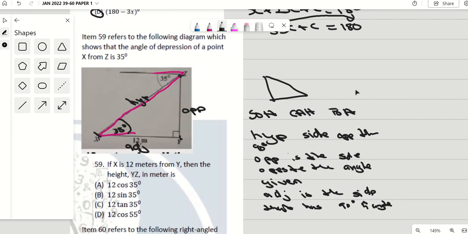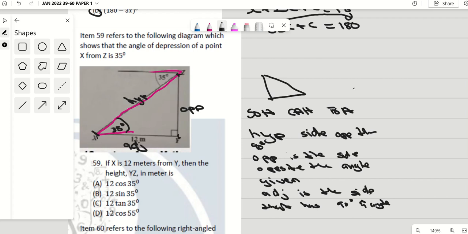So if we look at this, we're going to look at sine, cosine, and tangent. Which one has the formula with A and O? Not sine and not cosine. So tan. So tan 35, because that is the angle here, is equal to your opposite, YZ, over your adjacent, which in this case is 12.